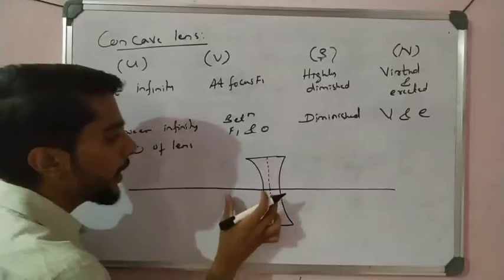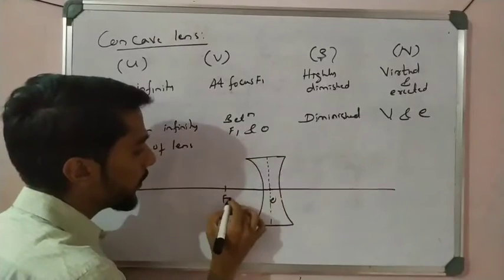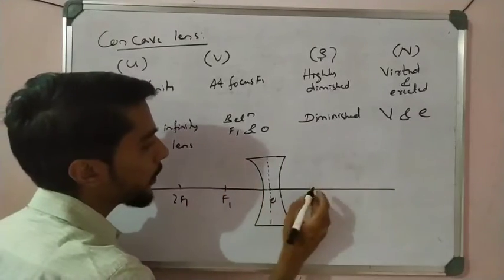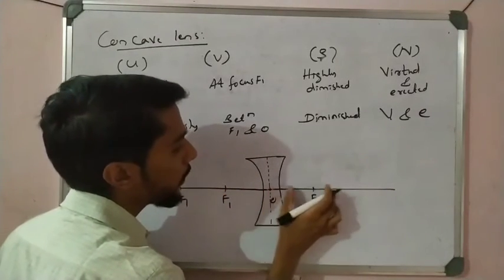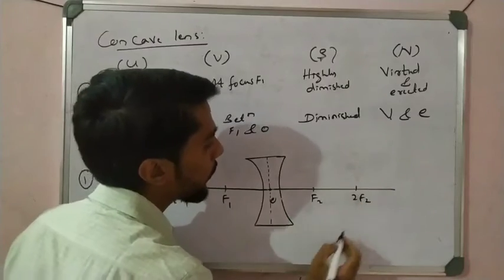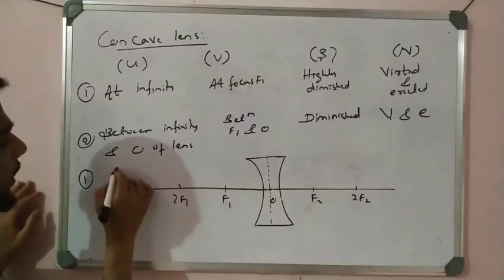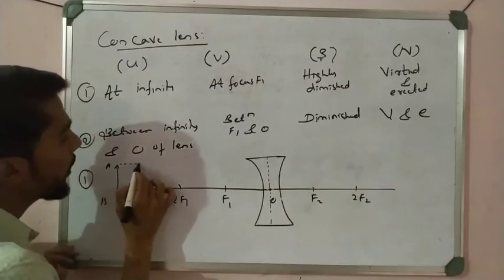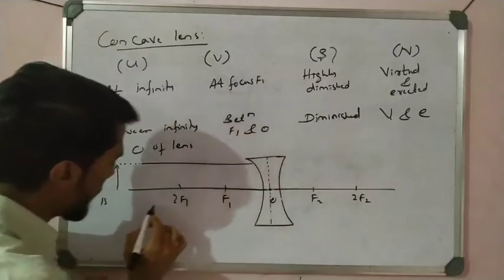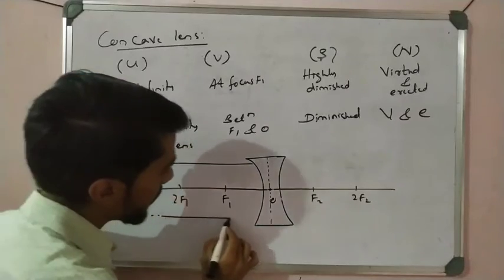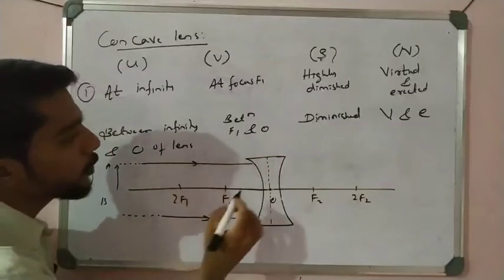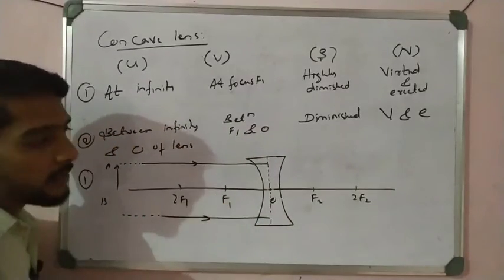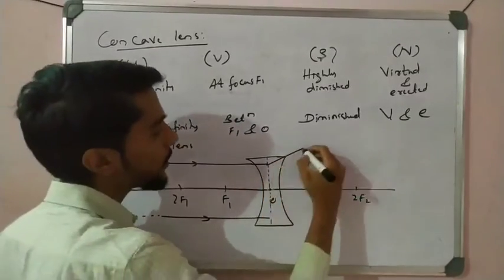Here I take F1, 2F1, F2, 2F2, right? So where do I put the infinity? At infinity. So rays come from infinity, parallel, like that. Okay, in that direction. So after the rays reach the concave lens, what happened? Divergence takes place. Divergent.